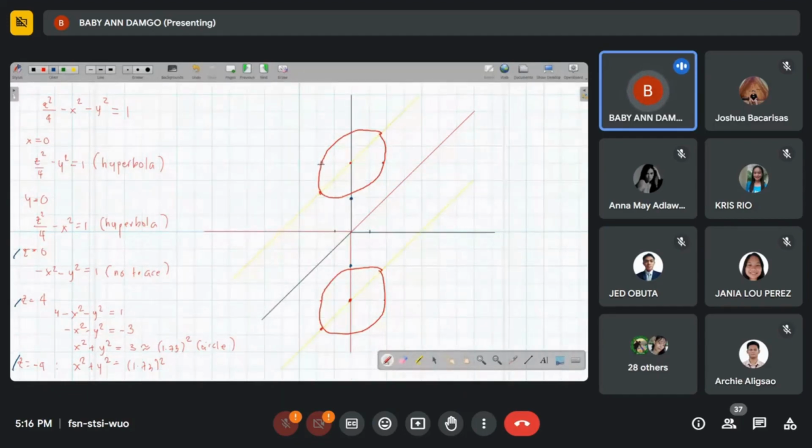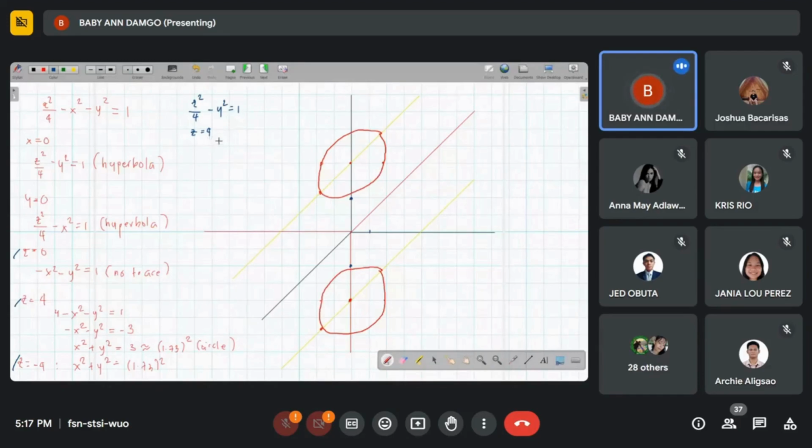Ideally, we check where it intersects with z equal to 4. Then we have this one. But let's check. We have z squared over 4 minus y squared is 1. When z is 4, this is 16 over 4, we have 4.